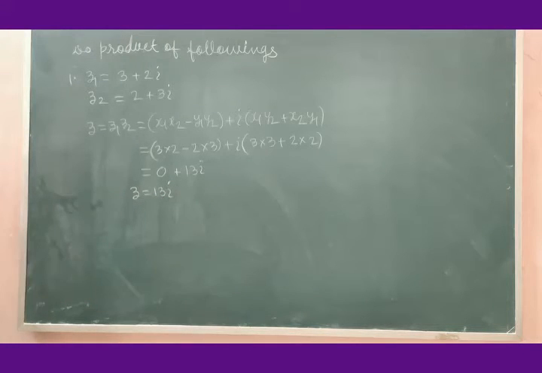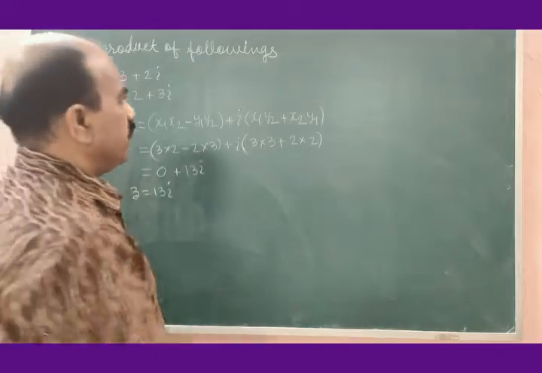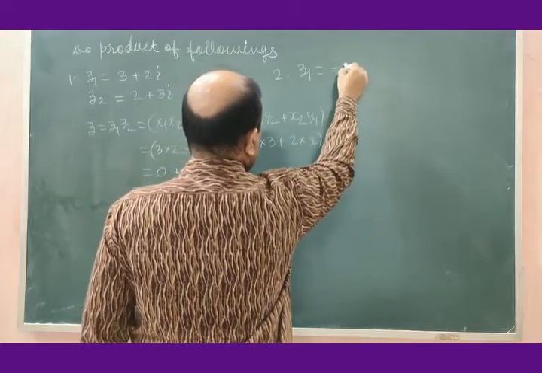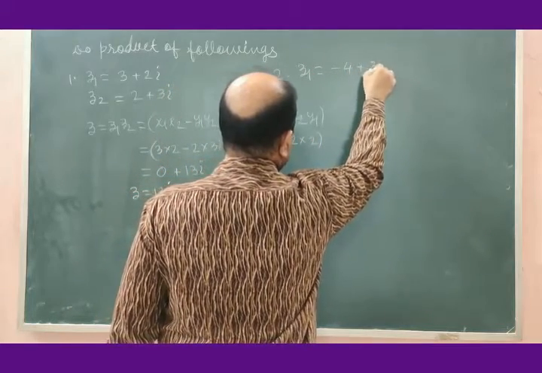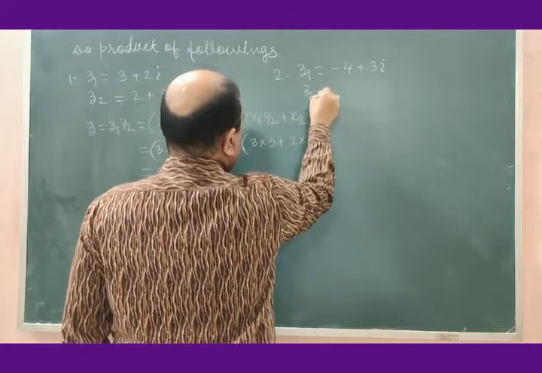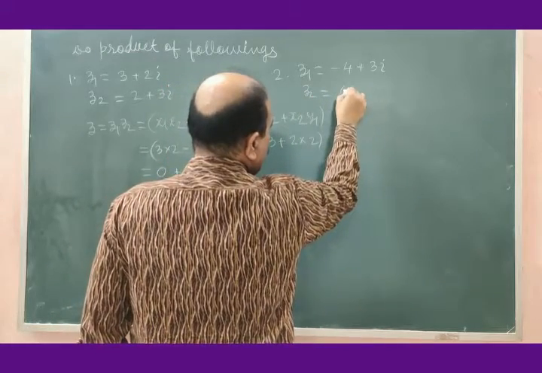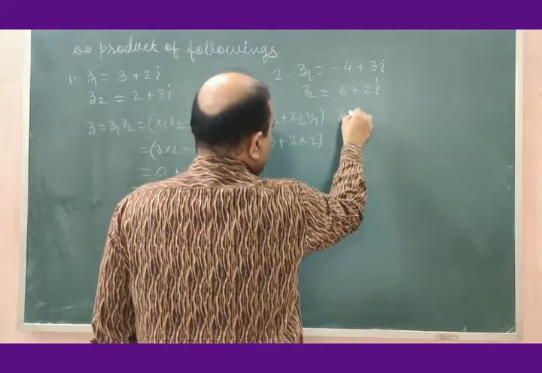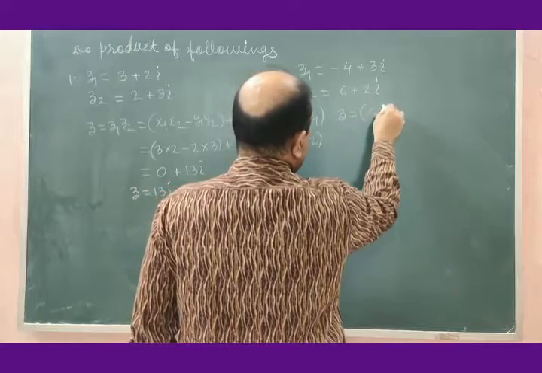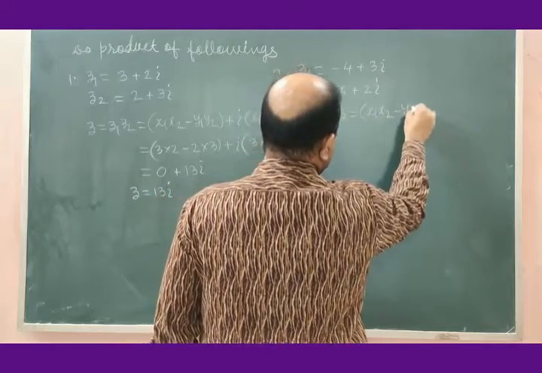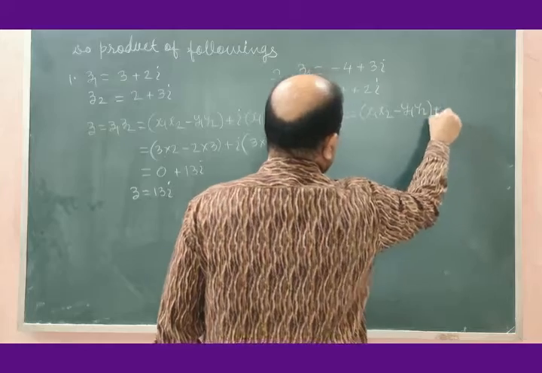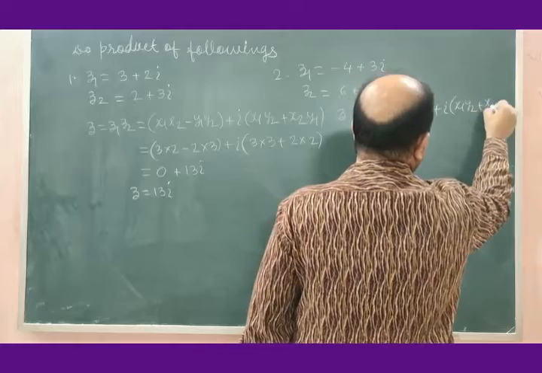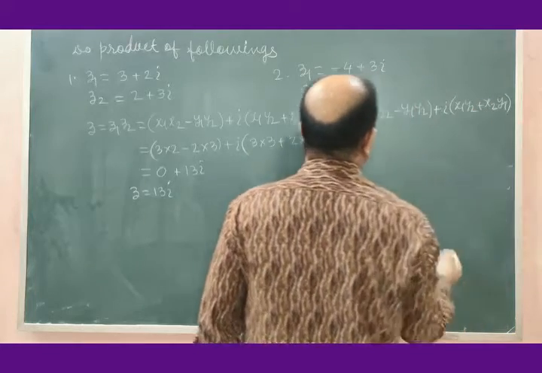This is one example. Let us go for one more example. Z1 is equal to minus 4 plus 3i. Z2 is equal to 6 plus 2i. So Z is equal to x1 x2 minus y1 y2 plus i into x1 y2 plus x2 y1.